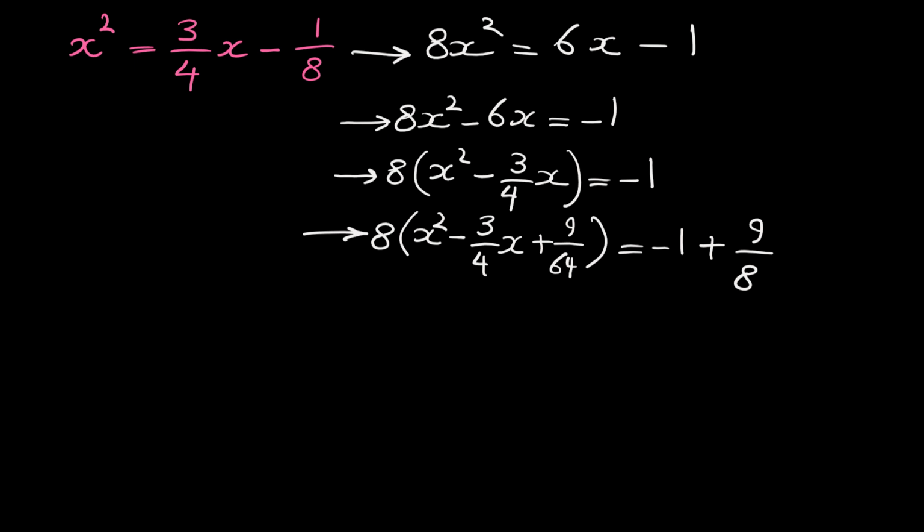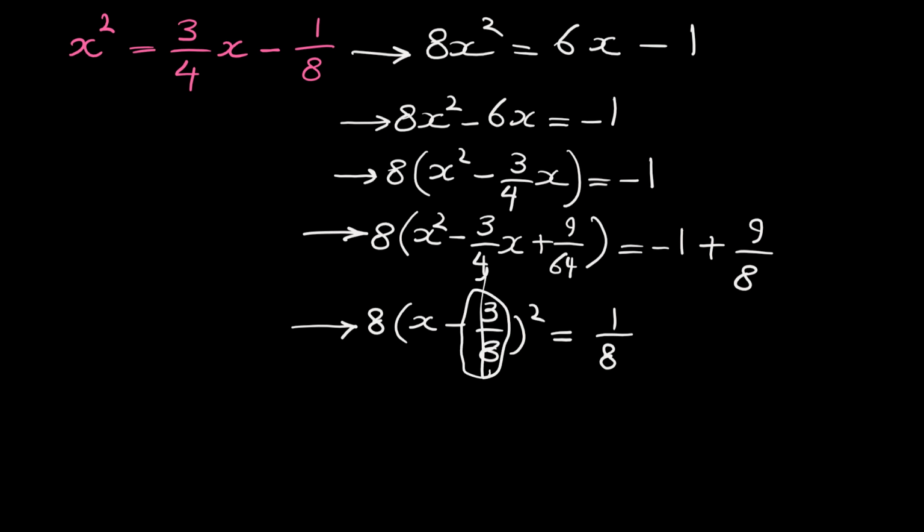So we have 8 times x minus 3 over 8 to the 2 equals 1 over 8. Where does this come from? Half of this number. Divide both sides by 8 first. By dividing by 8, we have 1 over 64.